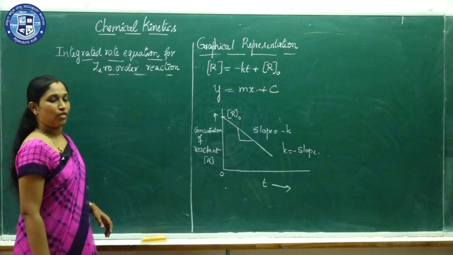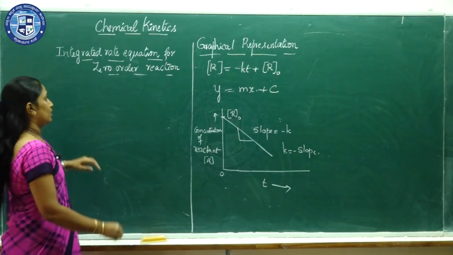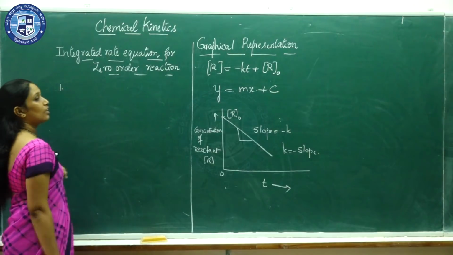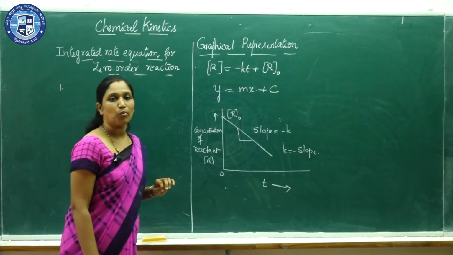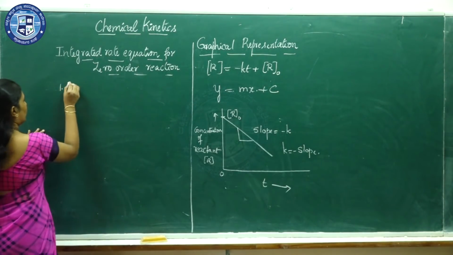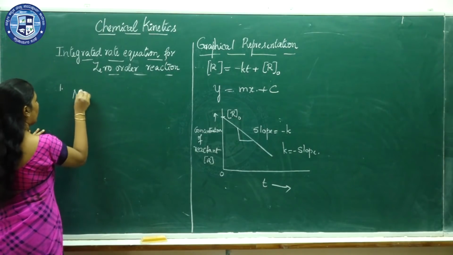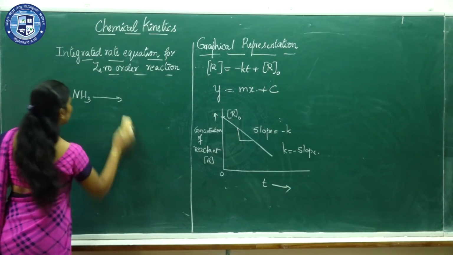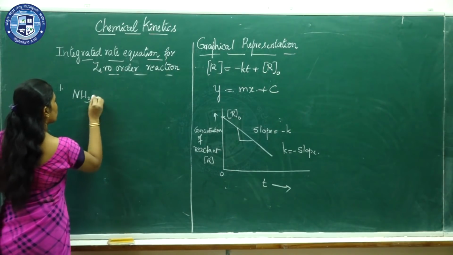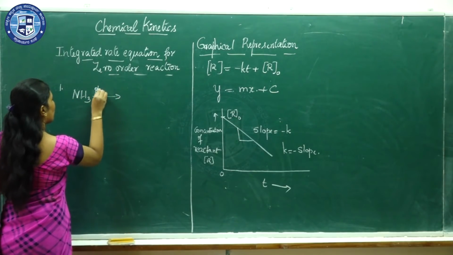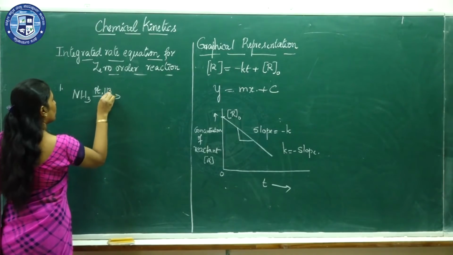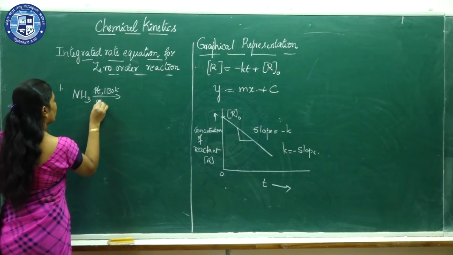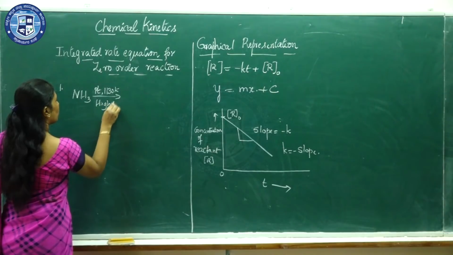So the most familiar example for the zero order reaction is nothing but decomposition of ammonia. So decomposition of ammonia occurs on the surface of platinum, at high temperature and high pressure.